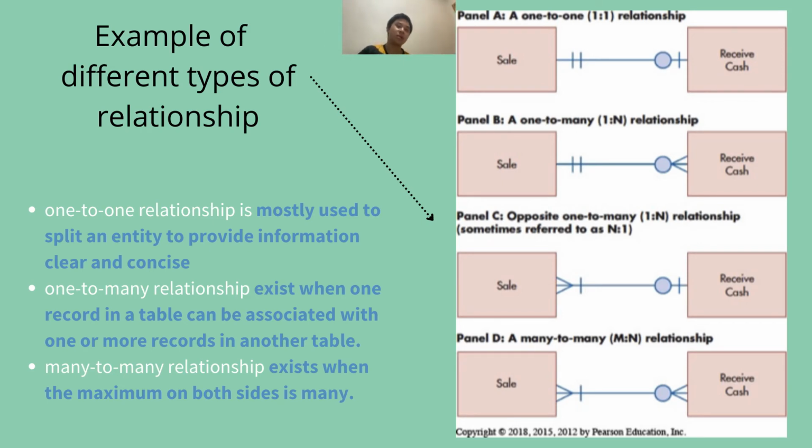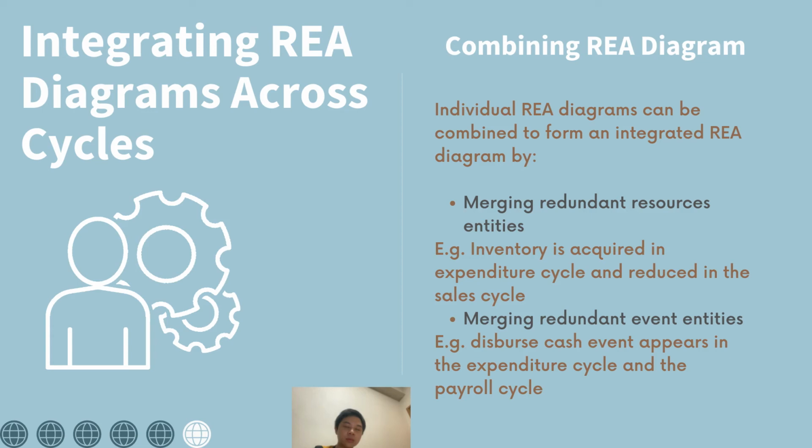As you can see in panel D, the maximum number of inventory items that can be sold in one sale is many, because the arrow represents many, and the maximum number of sales that can occur for a particular inventory item is many. That's why it's called a many-to-many relationship.